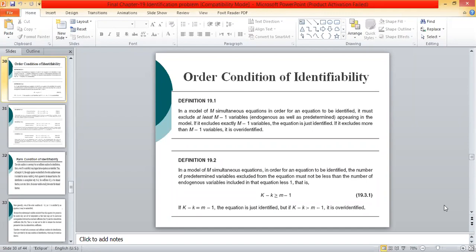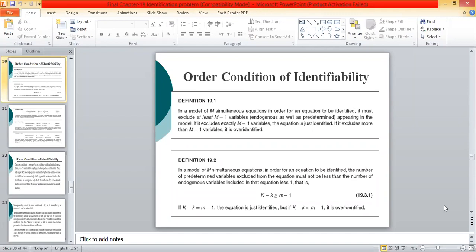M minus 1 means the total number of endogenous variables in the model minus 1. If the equation excludes exactly M minus 1 variables, it is exactly identified, and if it excludes more than M minus 1 variables, it is over identified.